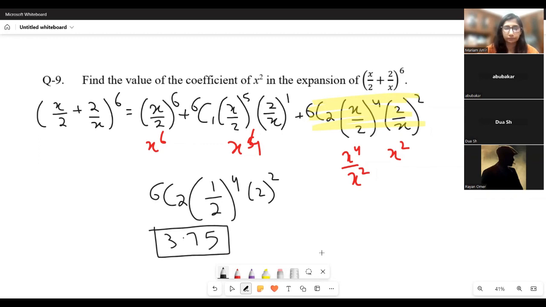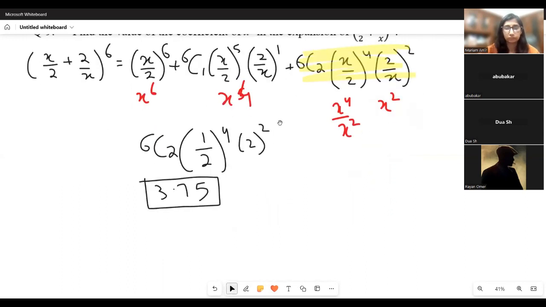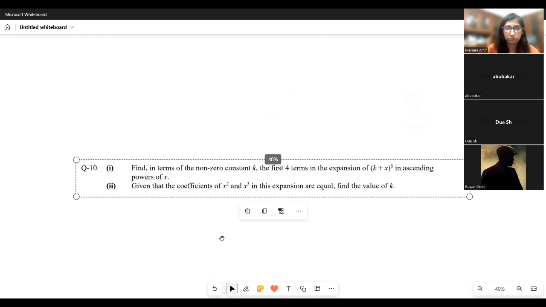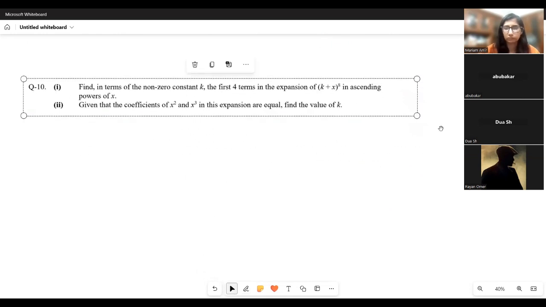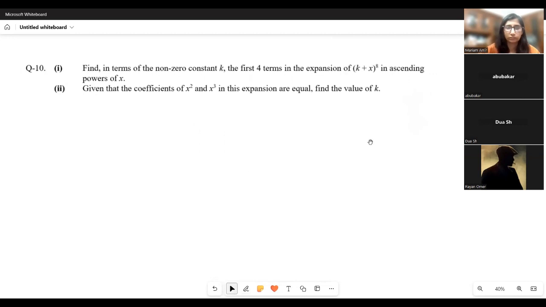Question 10. Find, in terms of the non-zero constant k, the first 4 terms in the expansion of (k + x)^8 in ascending power of x.